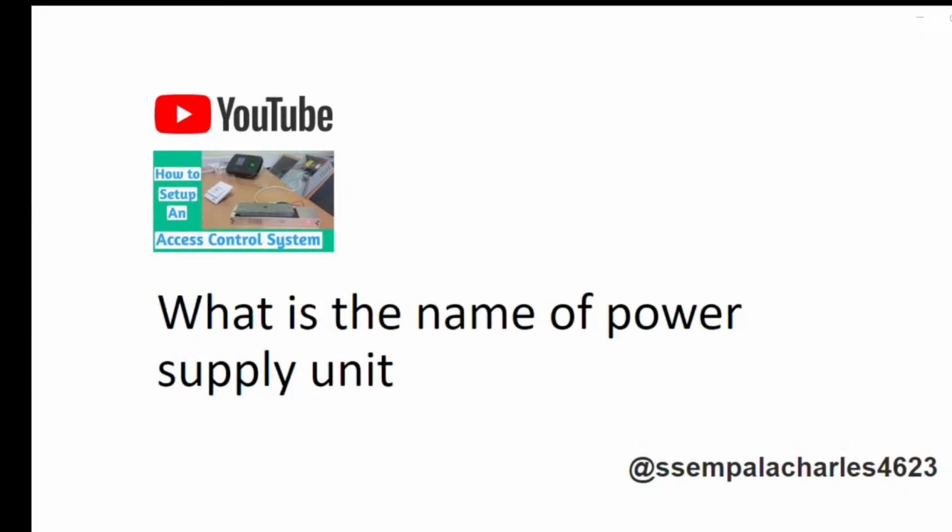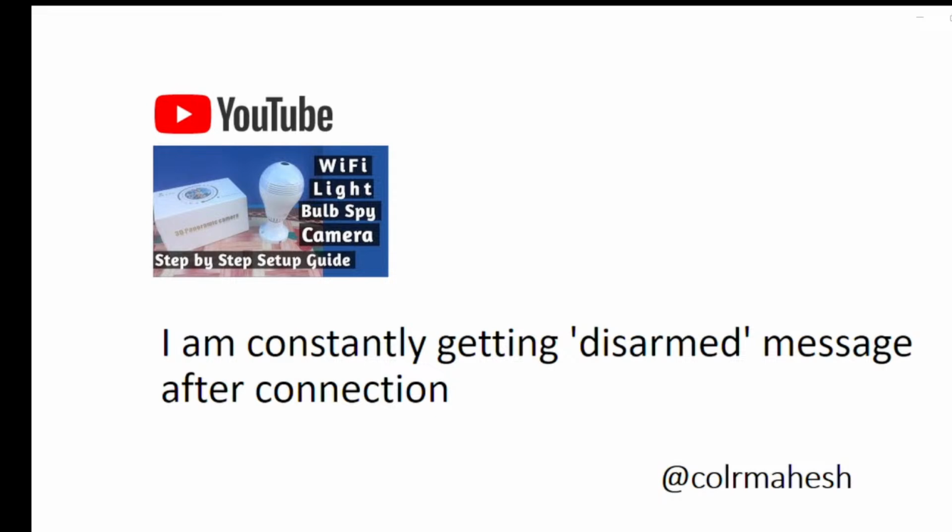Let's go on to the next one, and this is a question on the panoramic bulb camera, and this is a question from Mahesh. Mahesh is asking, I am constantly getting this disarmed message after connection, and this is about the panoramic CCTV camera system. Whenever you set up your panoramic CCTV camera system on your phone, the armed message is about motion detection.